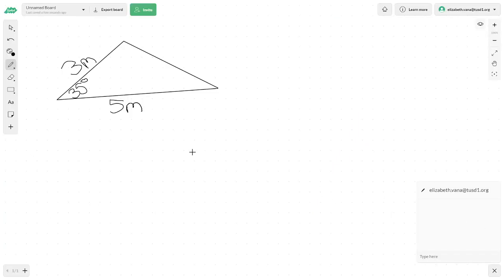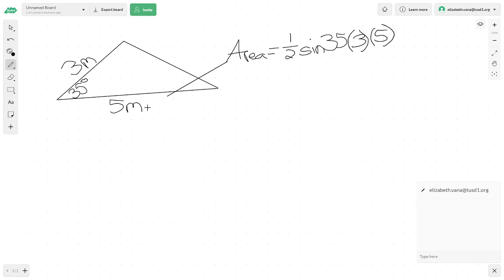Let's take a look at this example over here. Using those formulas, I know that my area equals 1/2 sine of my angle times my other two sides, so 3 times 5. All right.